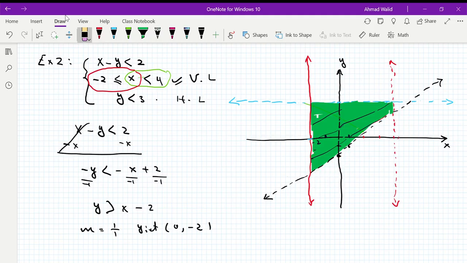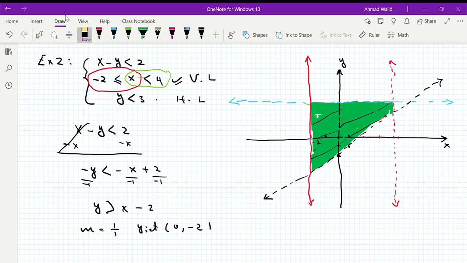That is the system of linear inequalities, and this is the graph of the system. Correct? This was all about section 5.5. Even if your system is non-linear, for example, you know how to graph a parabola, correct?